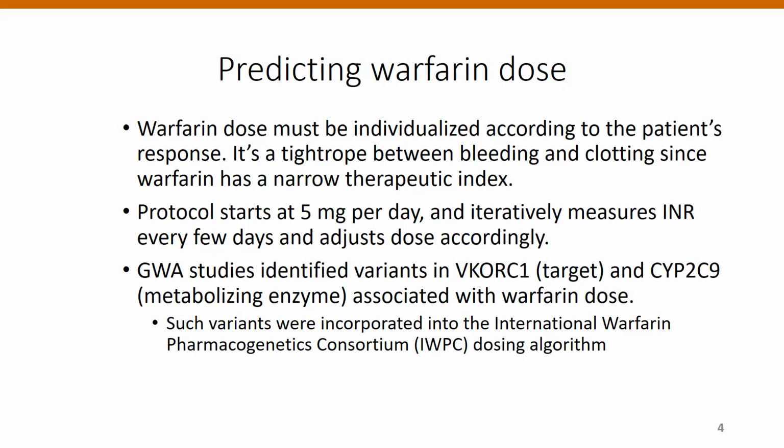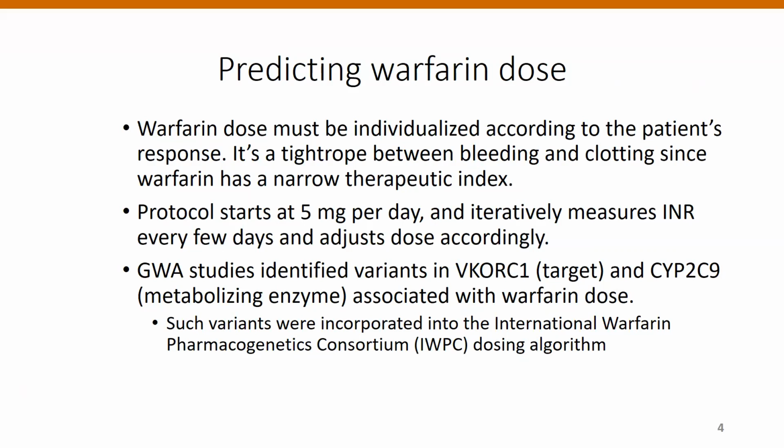And every 3 days, you measure that INR and then adjust the dose accordingly. But that is, of course, still hazardous because in many cases, even if you start at 5 milligrams per day, you might run a risk of clotting or bleeding within these few days that you wait for the INR to stabilize to measure it again.